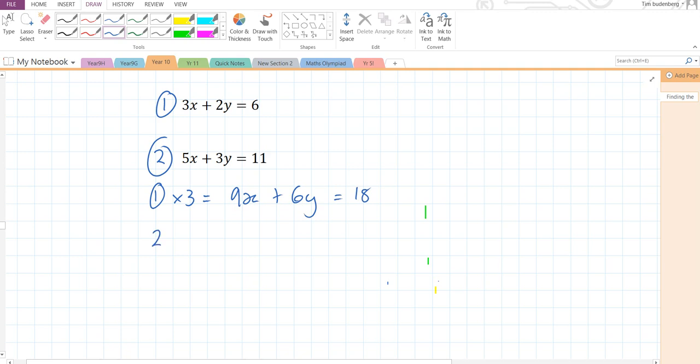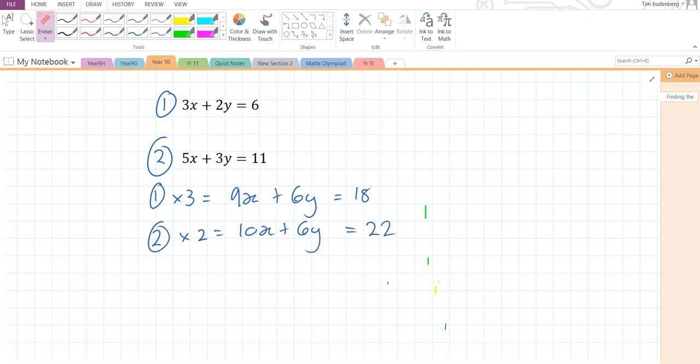And I'm going to multiply equation 2 by 2, and that will give me 10x plus 6y is equal to 22. Alright? So we have a new equation 1 and a new equation 2. Now, those 6y and 6y have to go. So I'm going to take equation 1 and subtract equation 2.